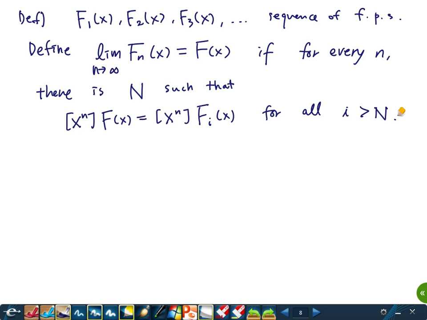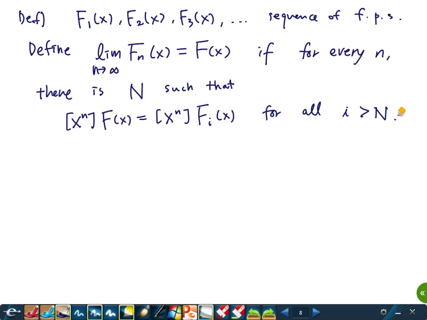We have an infinite sequence of formal power series. They can be very different. But if you look at just, say, x to the fourth, then you look at the coefficient of x to the fourth in every formal power series in the sequence.